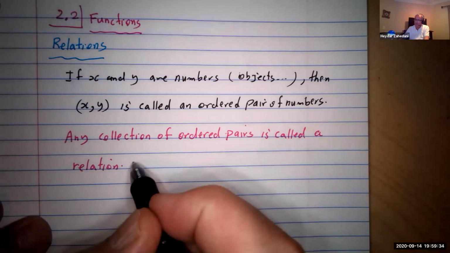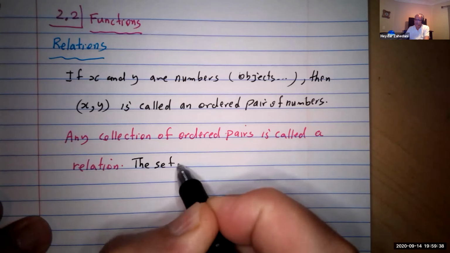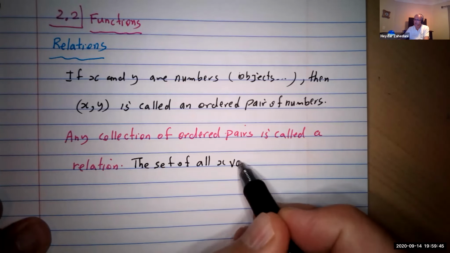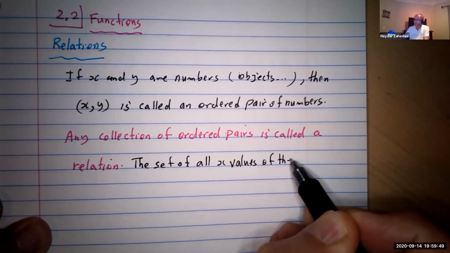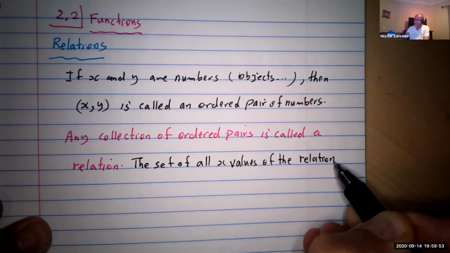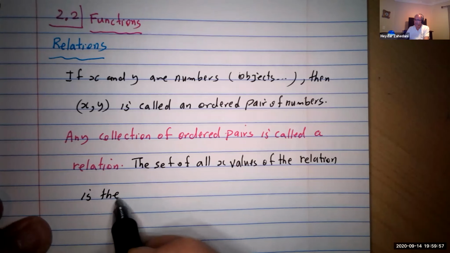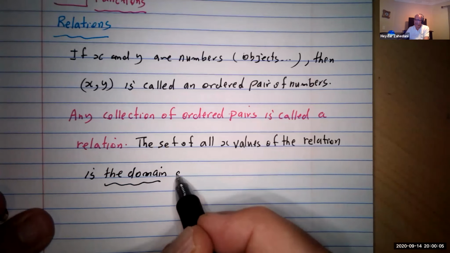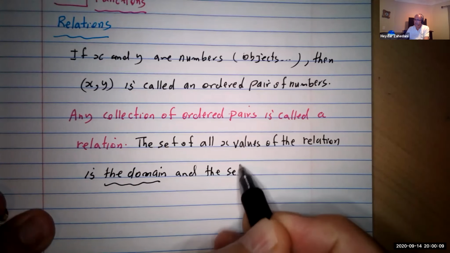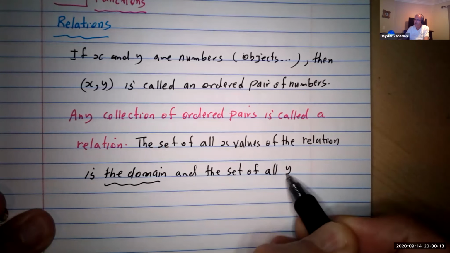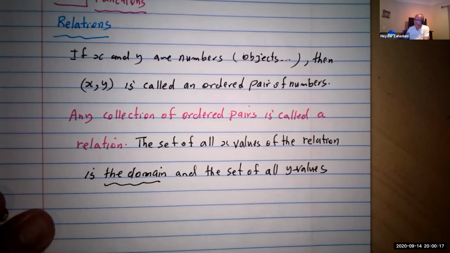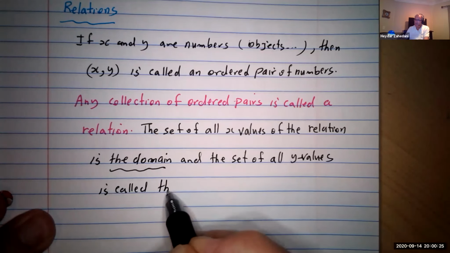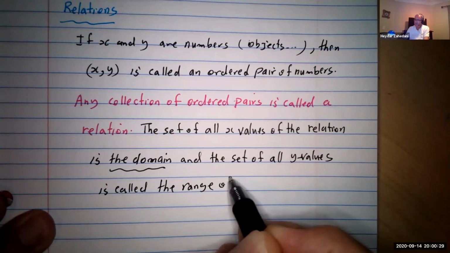So the set, the collection of all x values of the relation, is the domain, and the set of all y values is called the range of the relation.